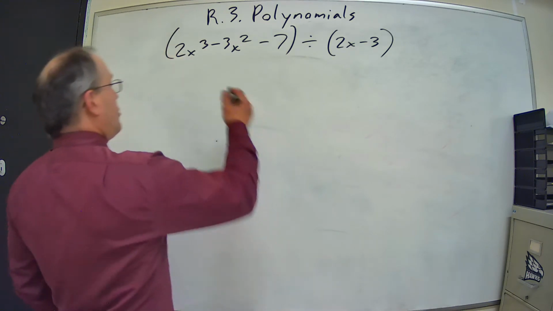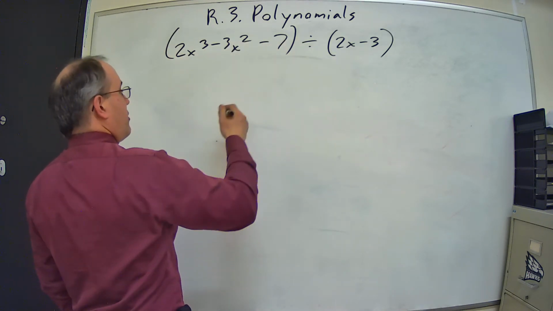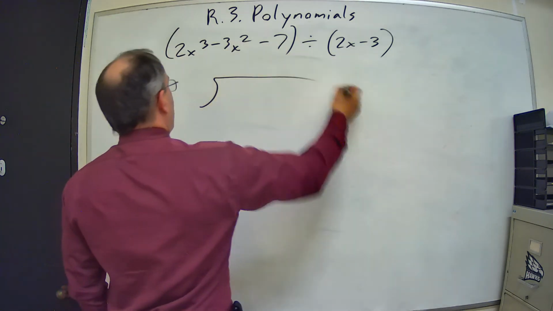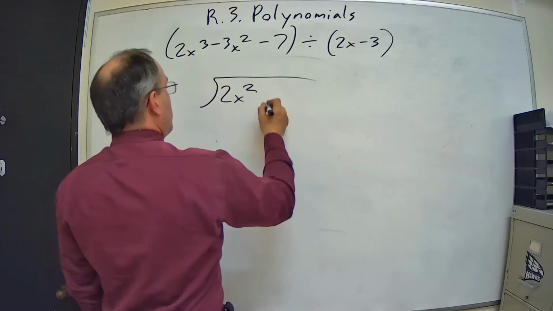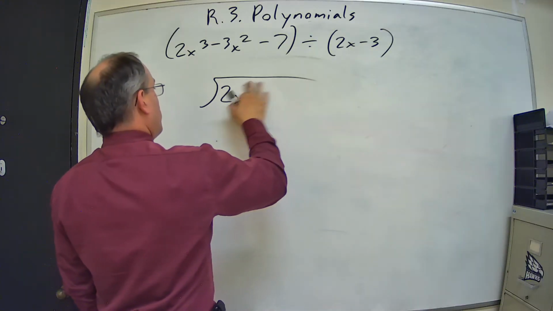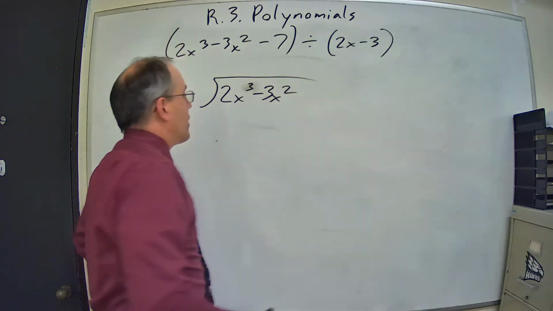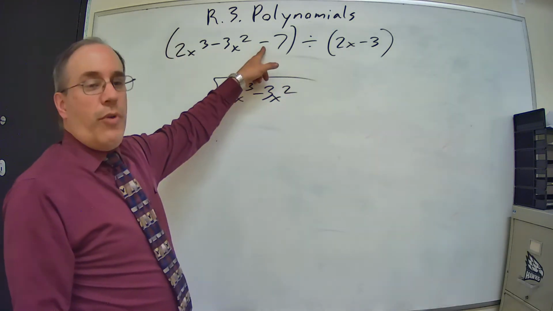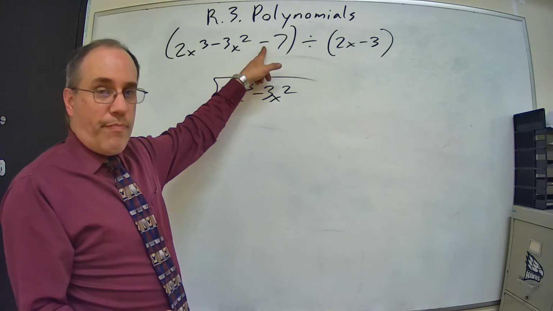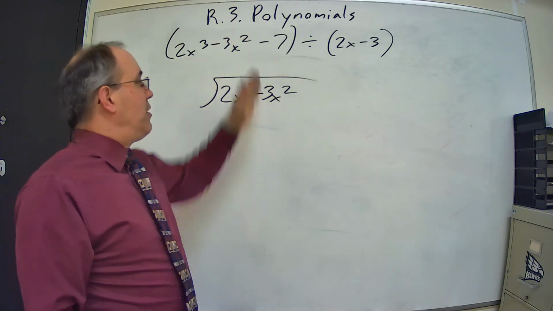Now when we go to turn this into the long division, we have 2x cubed, minus 3x squared. Notice that we don't have an x term. And we want to line up these terms.